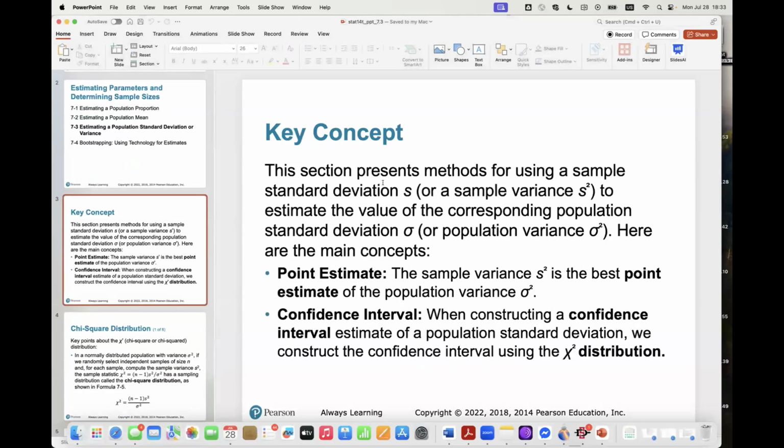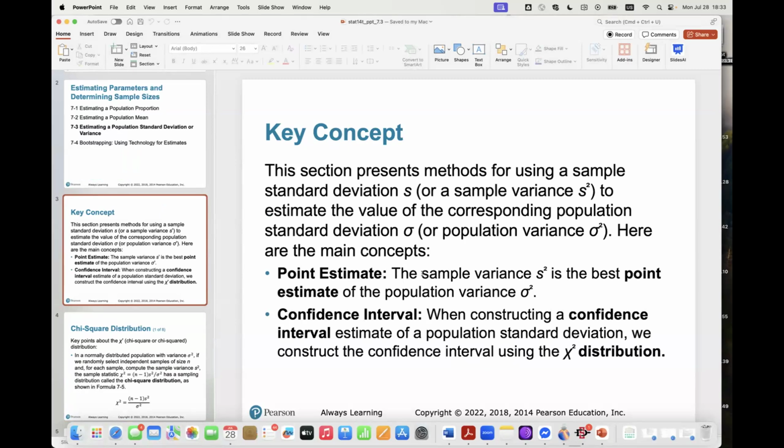So the key concept here: this section presents methods for using a sample standard deviation s or a sample variance s squared to estimate the value of the corresponding population standard deviation or population variance sigma squared. Here are the main concepts.